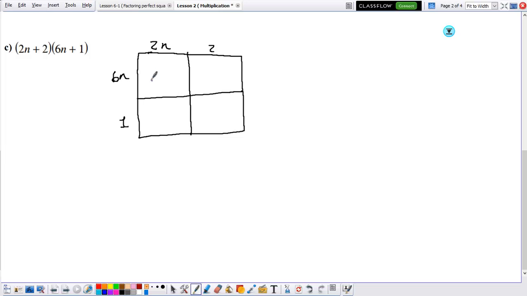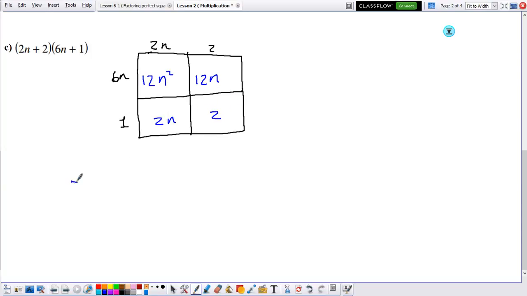To figure out this number, we multiply 2n times 6n, which gives us 12n squared. For this number, 6n times 2 gives us 12n. Now we have 1 times 2n, which is just 2n, and 2 times 1, which is just 2.